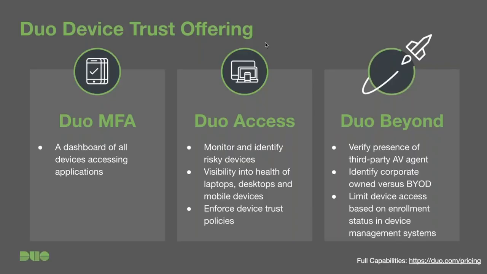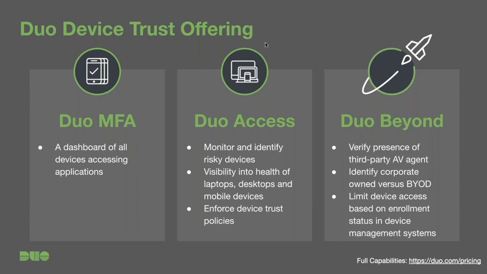So before I hand it off to Jenny to do some demonstrations of how this actually works in action, or what it looks like for end users and for you on the admin side, I did want to point out that Duo comes in 3 flavors.